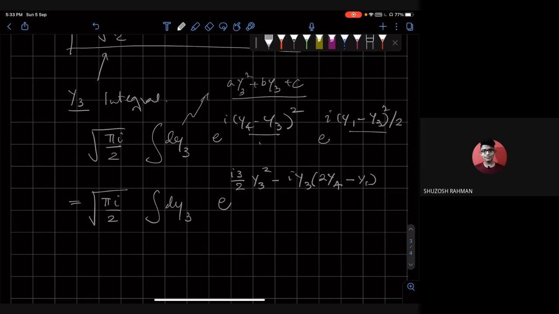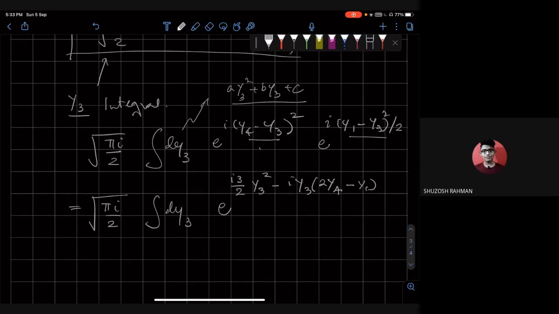Sir, if n equals 3, then shouldn't it be y3 minus y2 instead of y4 minus y3? Sorry, can you repeat that? N equals 3, right? You mean small n? Yeah, small n. If small n is 3, shouldn't it be y3 minus y2 instead of y4 minus y3?